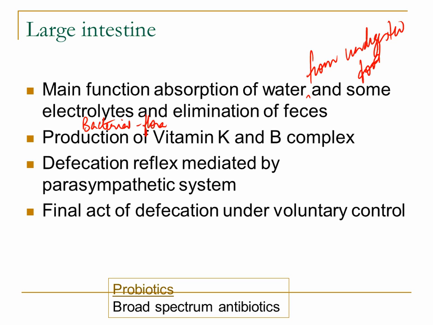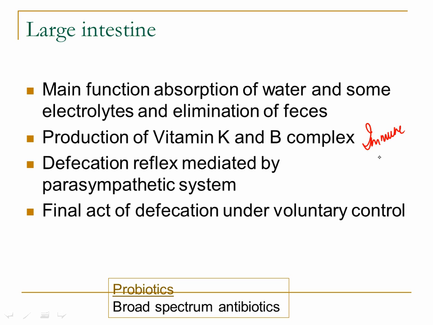So the bacteria use it for their nutrition. And in turn, they produce vitamin K and B complex. In fact, the amount of vitamin K that is produced is enough for our clotting factors. They also help in our immune response. They do produce some short-chain fatty acids which may be absorbed in the large intestine.